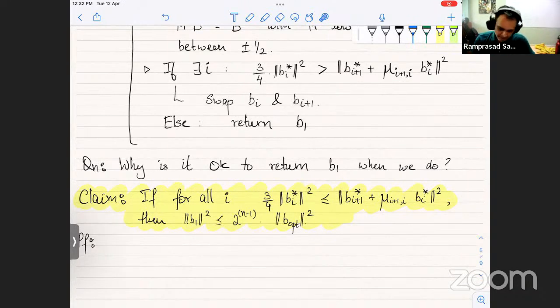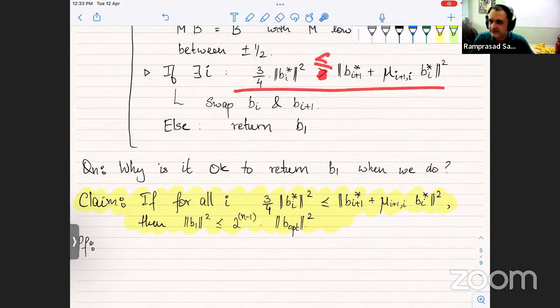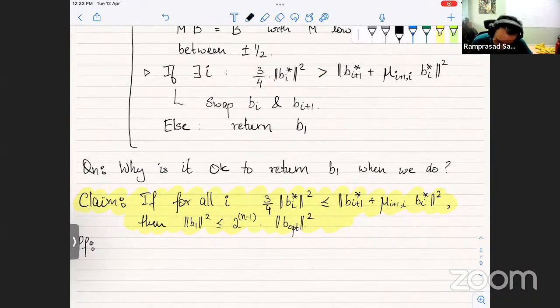Now let's just look at that equation. When will I end up returning B1? If it so happens that all of these inequalities are actually in the other direction. So let's write that down. This basically says that 3/4 times the norm of bi star squared is at most the norm of bi plus 1 star plus mu i plus 1 comma i times bi star, squared.